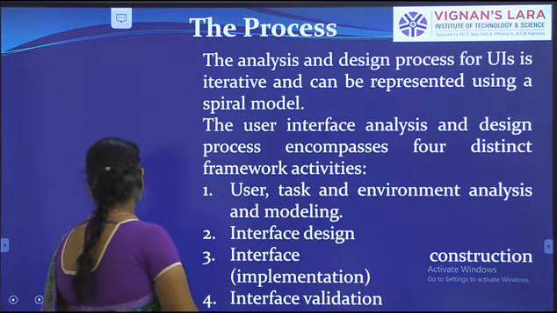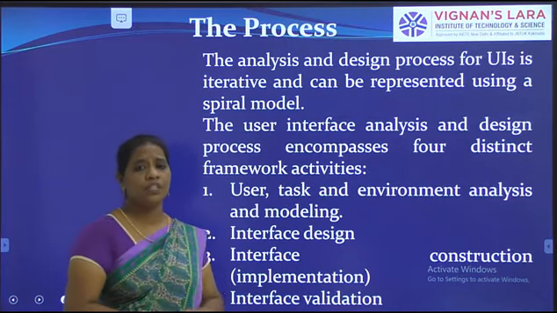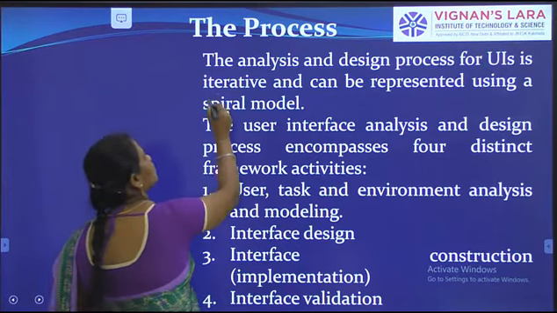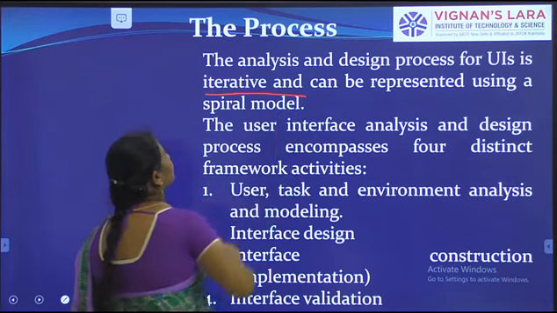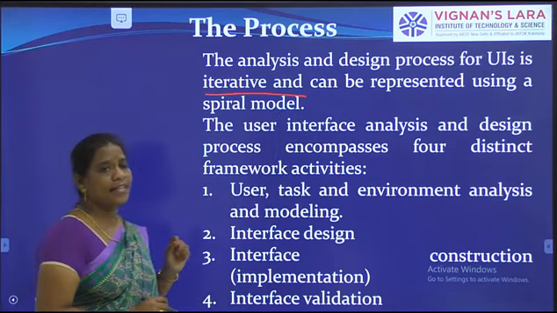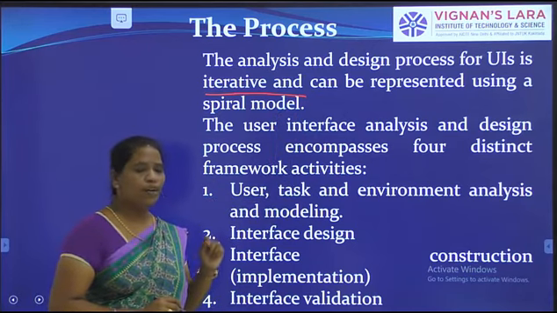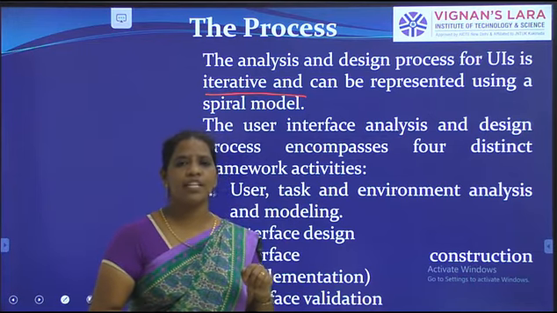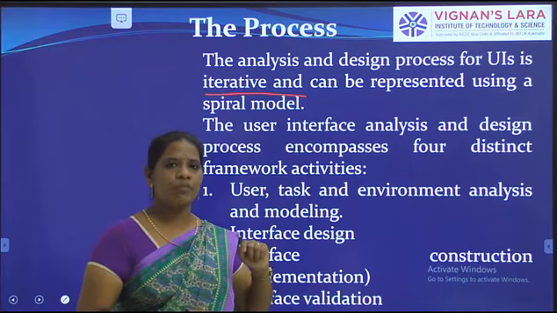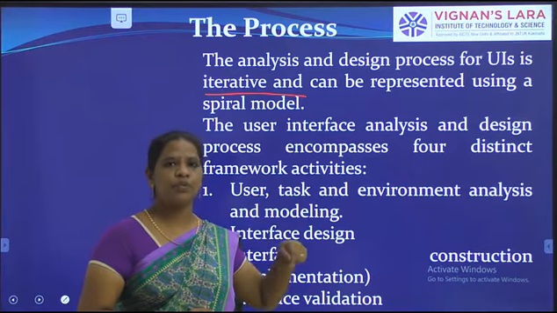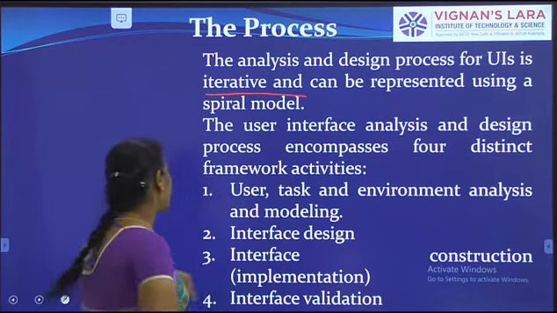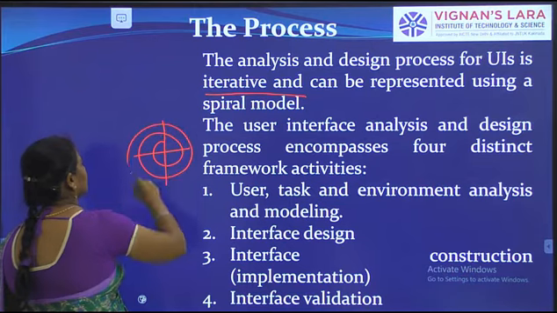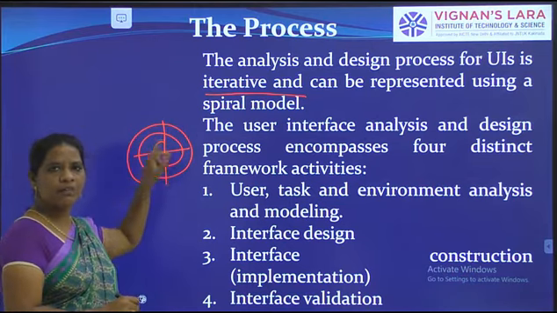And next coming to process. So what is a process? The analysis and design process for UI is iterative and can be represented using a spiral model. If you recall the first unit, we have seen the spiral model. So what is the spiral model? In a spiral model, whenever changes come, things will be done like a spiral.